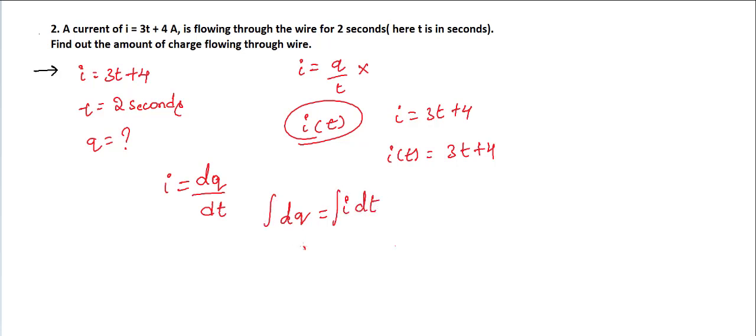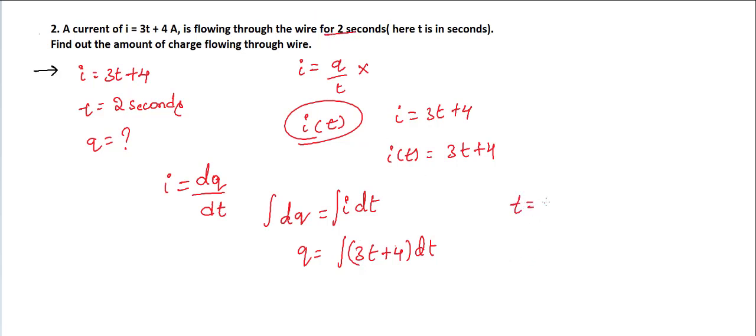Now integrate. Q is equal to integral of I. What is the value of I? It is given as 3t plus 4 times dt. Here you have to take the limits. Through the wire for 2 seconds.